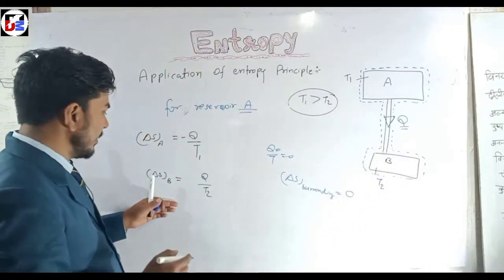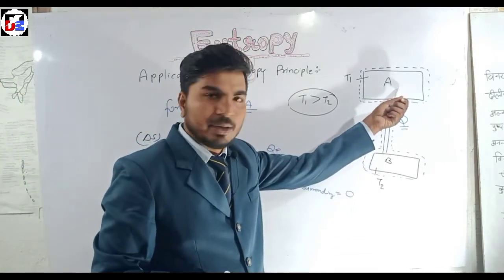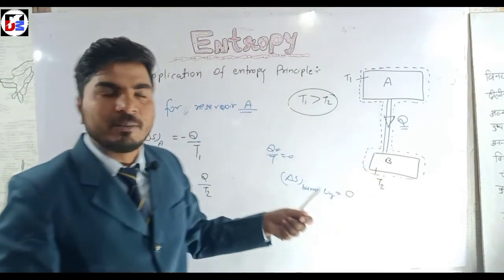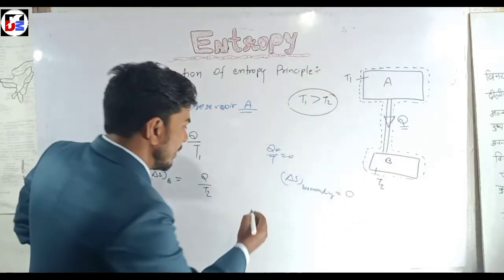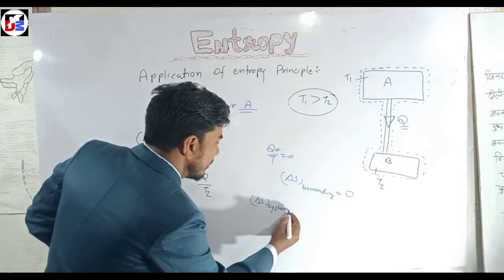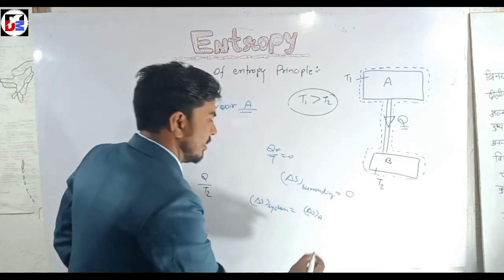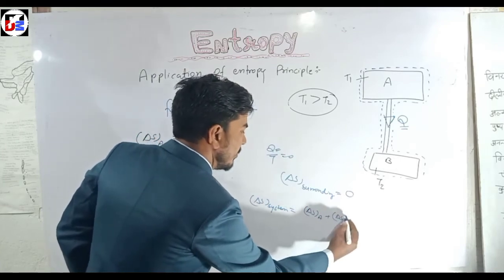And you can see here there is a system, this is system A, system B. So what is the system? This system means delta S system, that means the entropy change of A plus the entropy change of B.